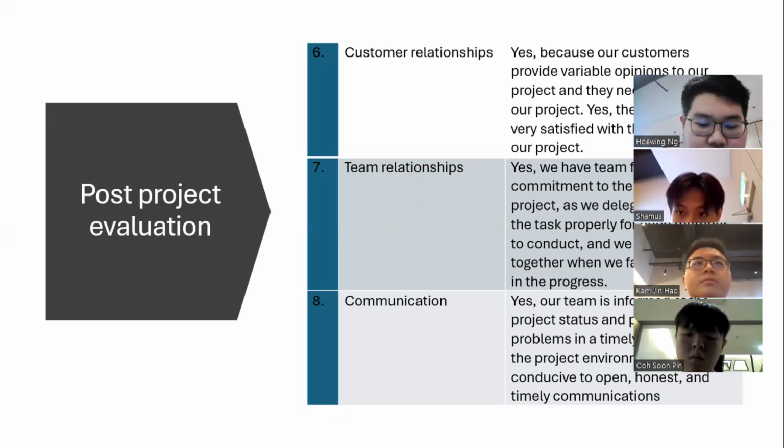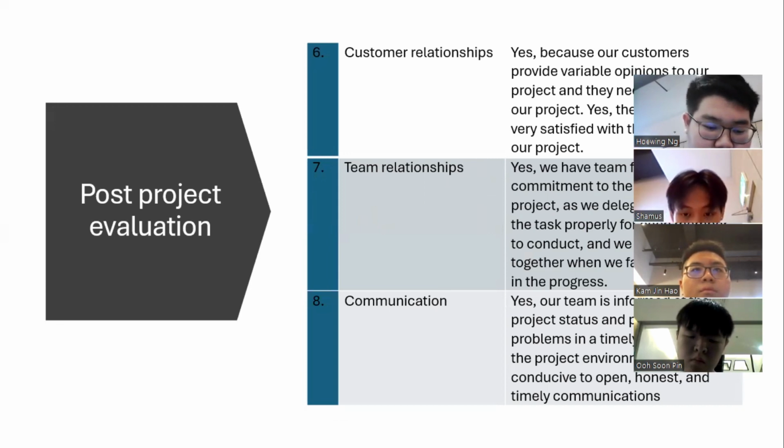Customer relationship. Because our customer provided valuable opinions to our project, we increased the value of customer relationship, and we satisfied our customer. So yes, the customer was very satisfied with the progress of our project as well.